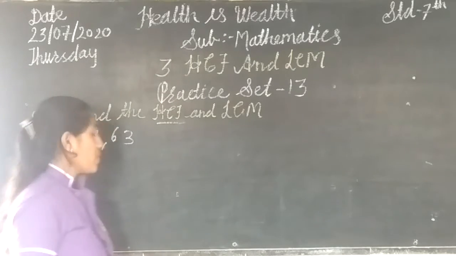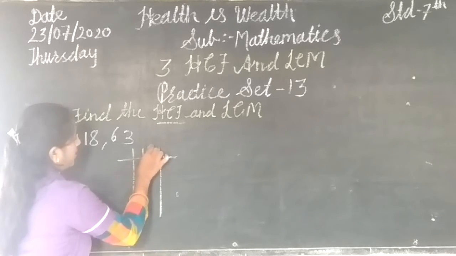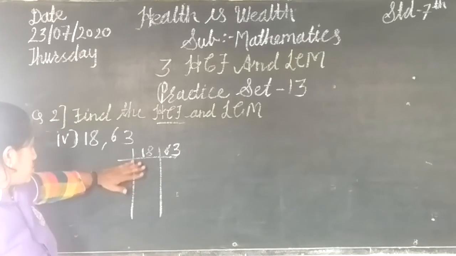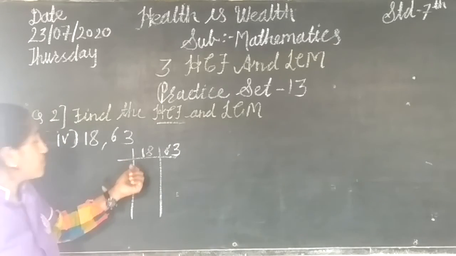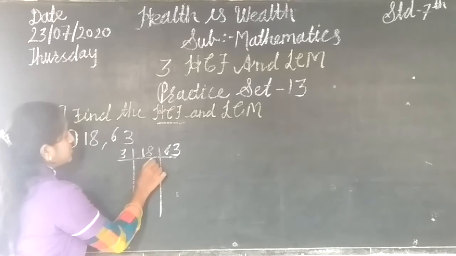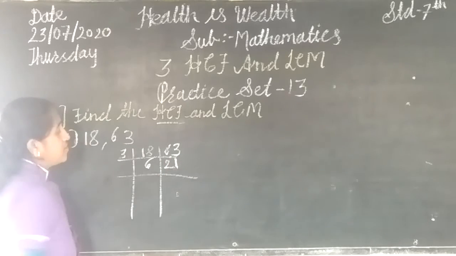Okay. In that, start with 18 and 63. By which number can we divide both these numbers? I think 3. 3 6s are 18, 3 2s are 6, 3 1s are 3.